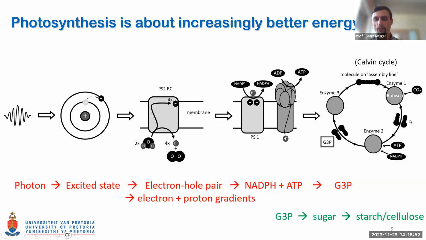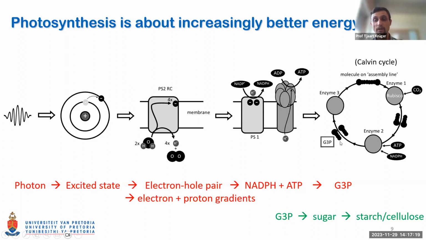And then these two molecules go on the so-called conveyor belt to the enzyme where ATP and NADPH interact with it, and it forms the so-called molecule G3P. One of these G3P molecules will then be extracted, and the other one will then go via enzyme 3, and it will be recycled in this Calvin cycle.